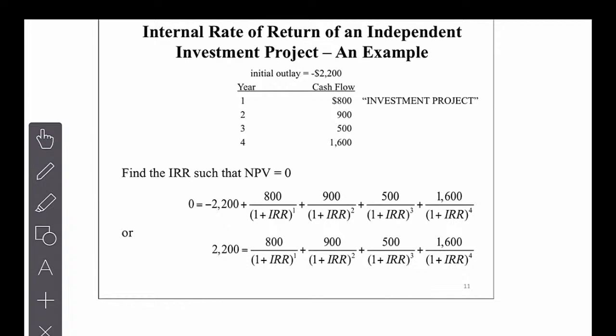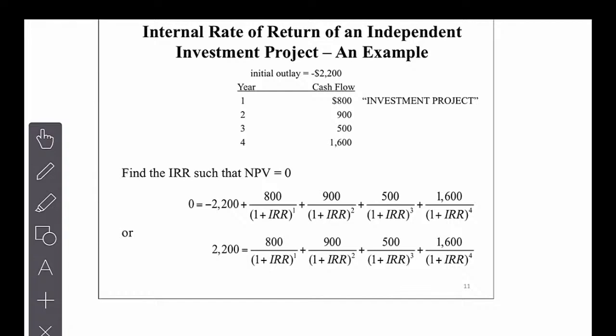This looks like the NPV, right? But I solve for the rate that gives me a break-even NPV. It's not positive, it's just 0. We basically net out. We don't lose, we don't gain, but we don't lose anything in this project.